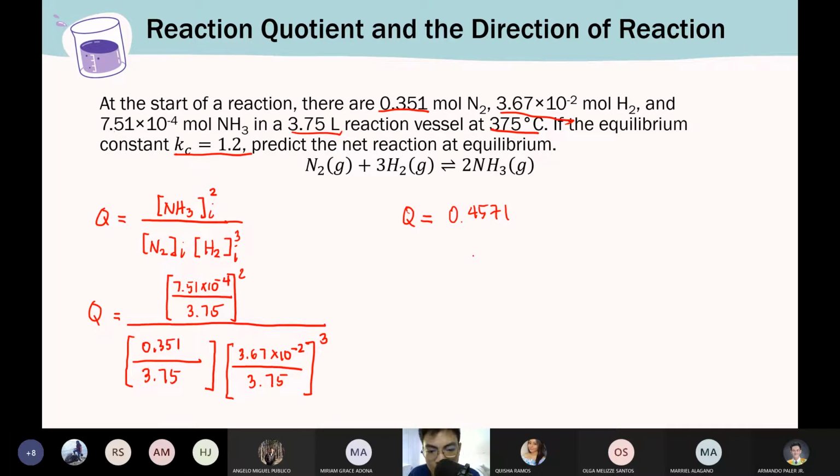So, ako, I create a number line. Wherein, in the middle, you have your K, which is 1.2. So, sa number line, nasan yung 0.4571? Obviously, nasa left. Kasi smaller than K, di ba? So, it must be on the left.